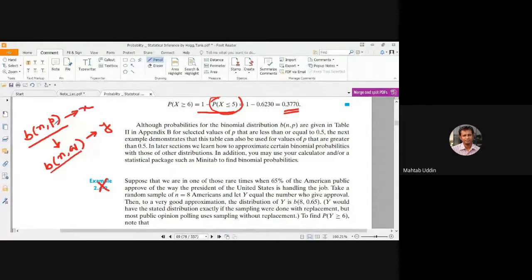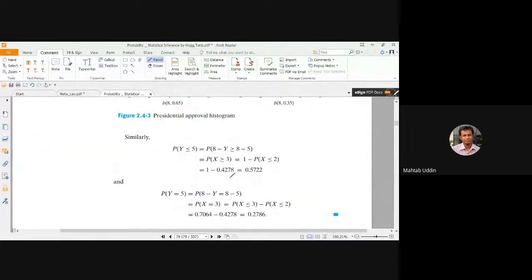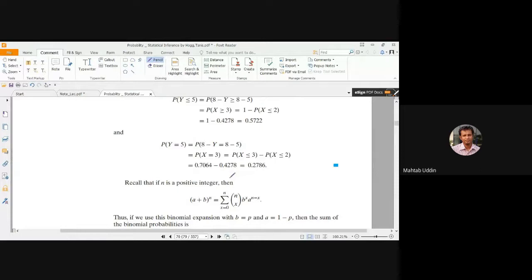If B(n, p) is a binomial distribution, B(n, q) is another binomial distribution, but they are complements. Here y equals n minus x. The relation is n minus x. Just try to understand this. They made this in a very hard way. Just leave it.